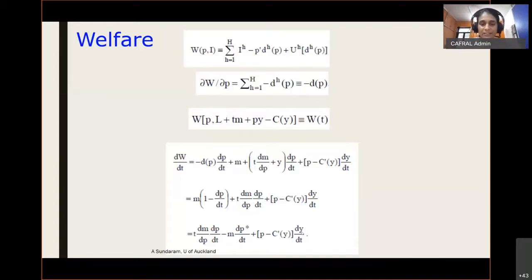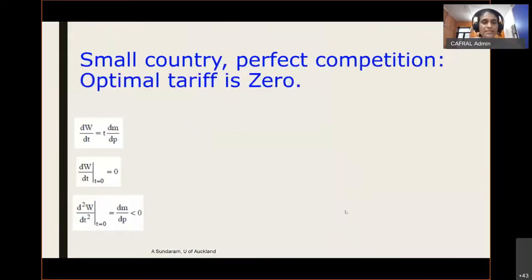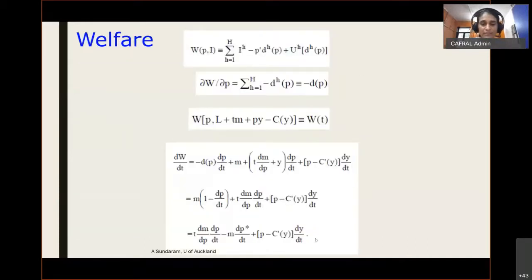And then the third term is picking up how the tariff affects production. We know that the tariff is intended to increase production in the domestic economy, and that is multiplied by this differential between the price and marginal cost, which is a measure of market power. So we have to remember this, something that you will need, we'll keep coming back to that expression.